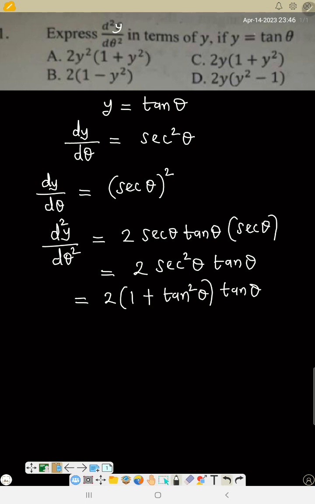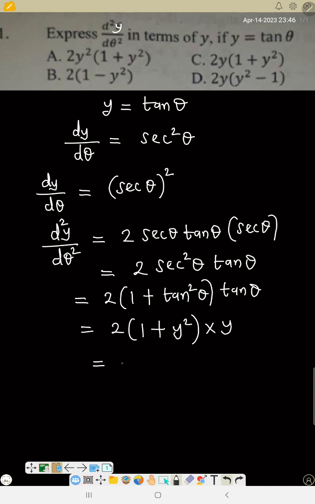According to the question, y is equal to tan θ, so anywhere I see tan θ, I put y. So this is 2 times (1 plus y²), then times y, that is tan θ.